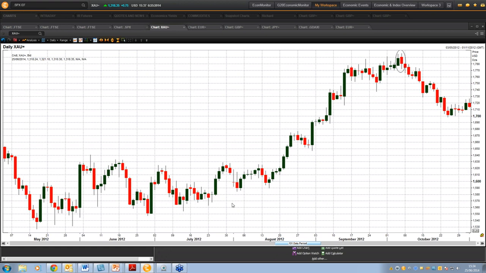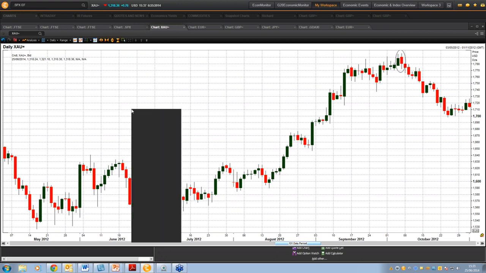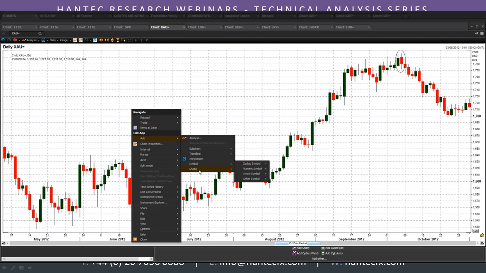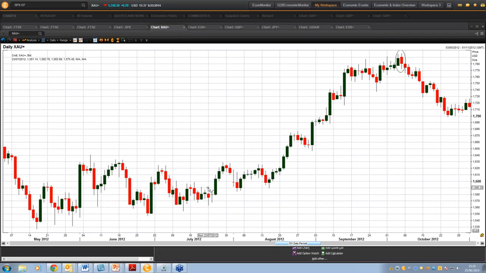A doji candlestick pattern really just signifies uncertainty with the trend, and that's what you had here. You've got a doji candlestick there, so you had this period of sort of bearish but then sideways trading, doji candlestick, bit of indecision, and then bang, it starts to go again to the upside.